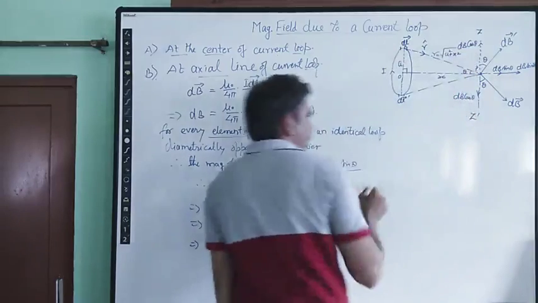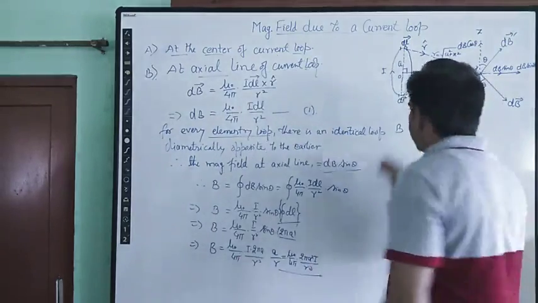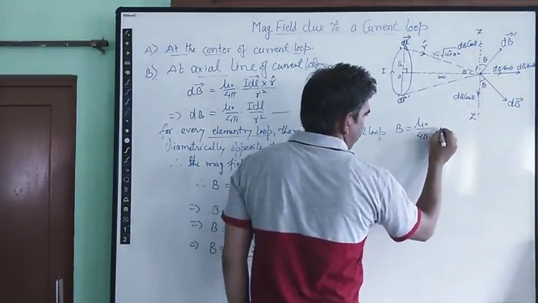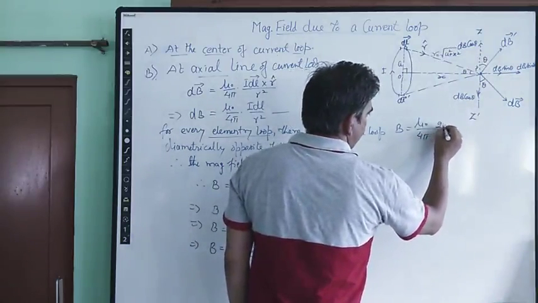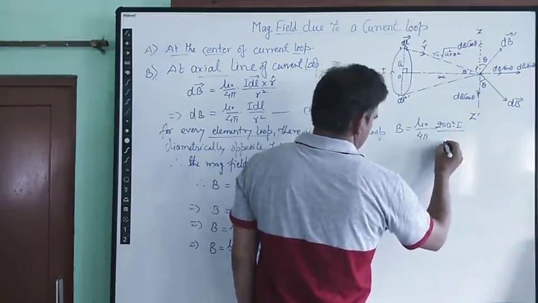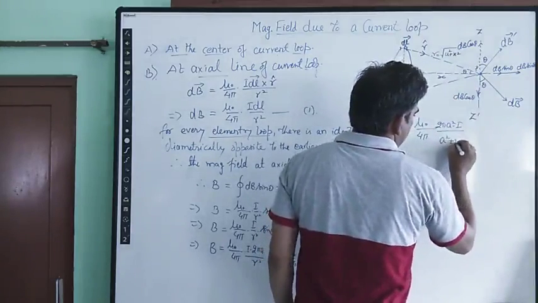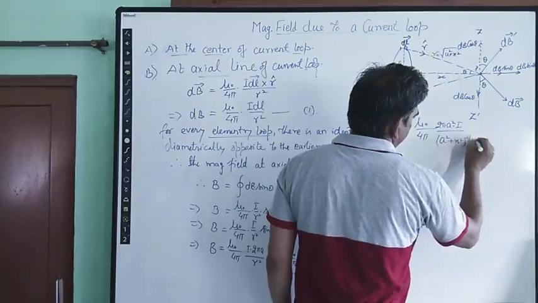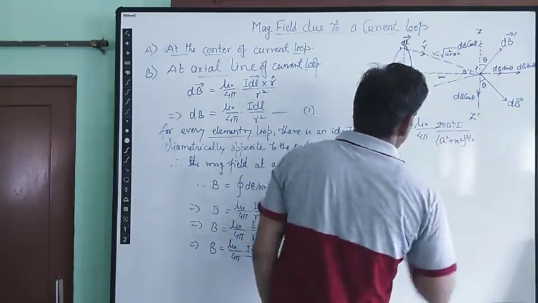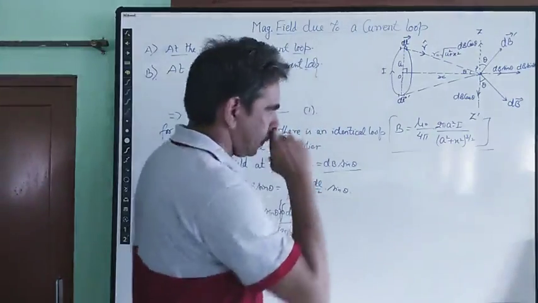Substituting r here, the magnetic field becomes mu naught upon 4 pi into 2 pi a square into I upon a square plus x square to the power 3 by 2, because r is the power 1 by 2 and the other power is 3, so it becomes 3 by 2. So this is the magnetic field due to a current loop at its axial line.